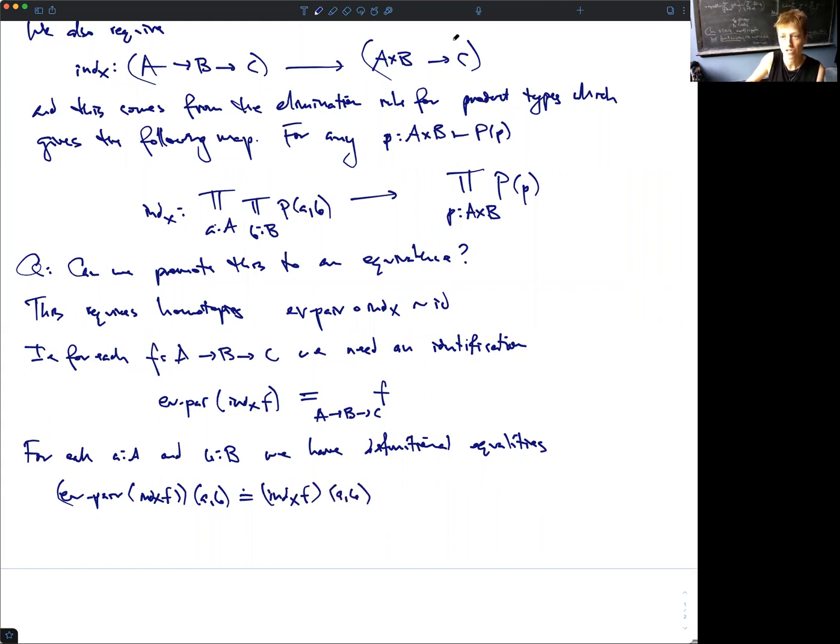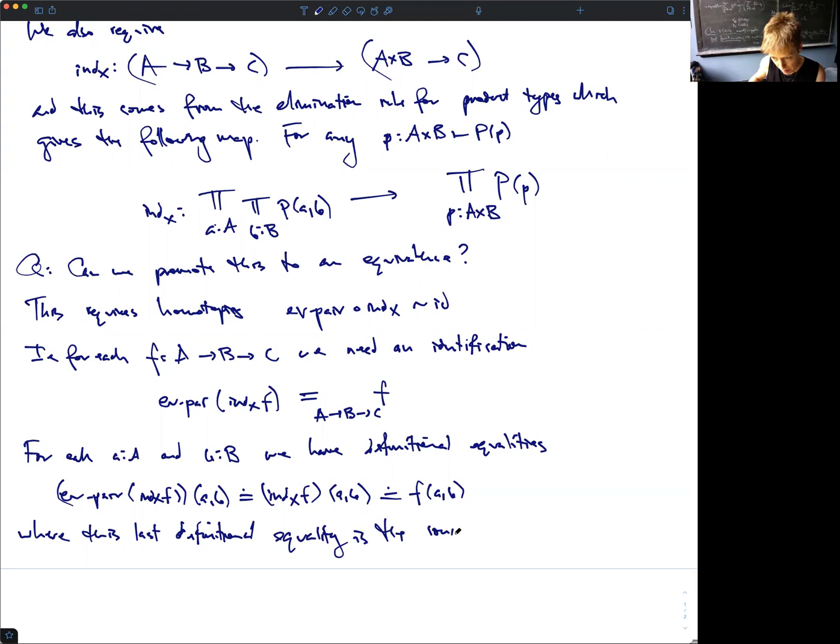So ind times f is a term in this type. It's a function that takes in an arbitrary term of a product type and returns a term of type C. But by the computation rule for ind times, this is equal to f of AB. To emphasize, this last definitional equality is the computation rule for the product type.